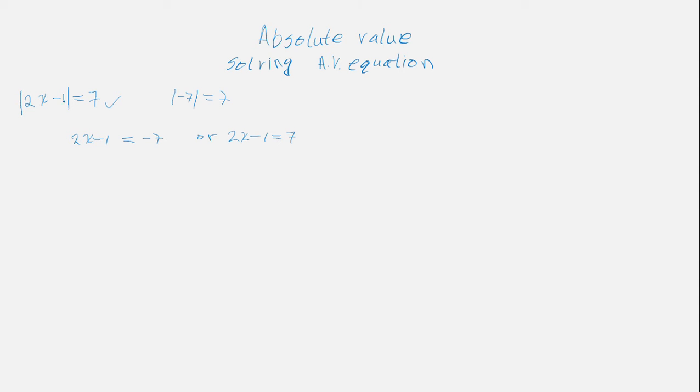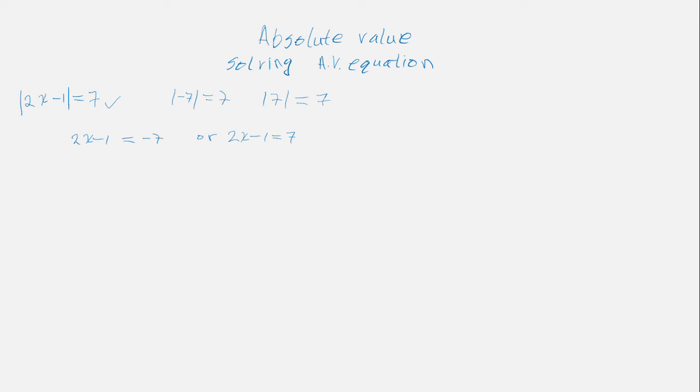Now, if this whole thing, 2x minus 1, is equal to positive 7, absolute value of 7 is still going to come out as positive 7. So absolute value of negative 7 is 7, and absolute value of positive 7 is also 7.